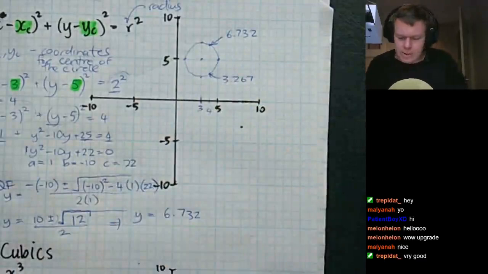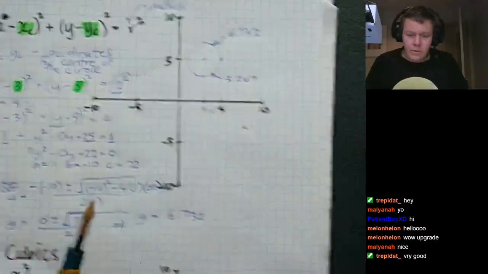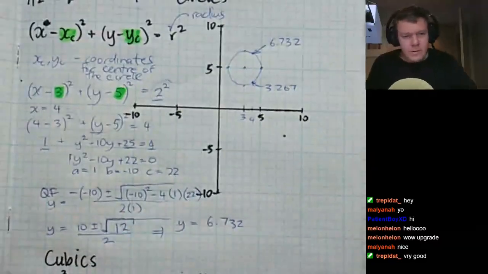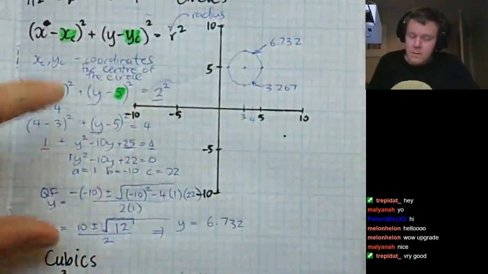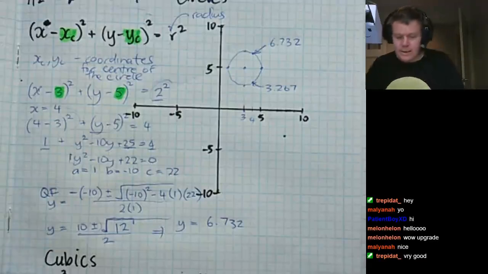That's a bit advanced, but a lot of things in year 12 come back to the quadratic formula. So if you ever see squareds, there's generally a way to use the quadratic formula to find your answer.